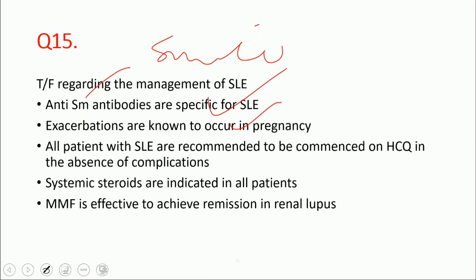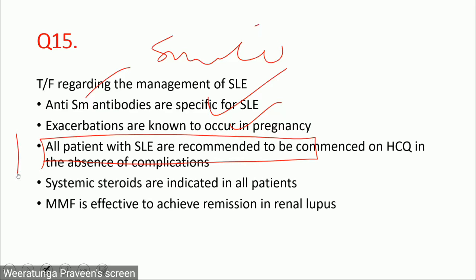The general treatment principle is anybody with SLE, however mild or severe the disease may be, you will give them hydroxychloroquine, right?